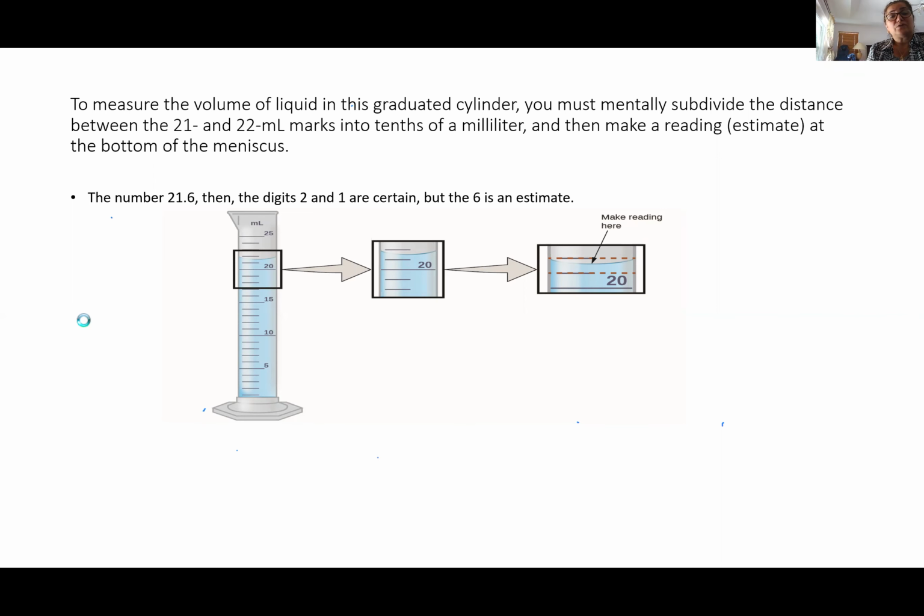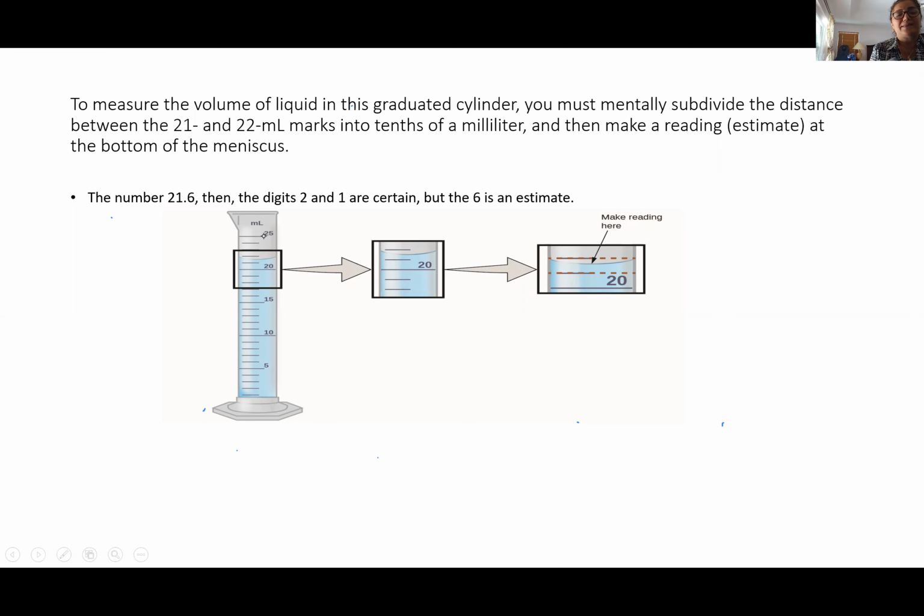So between 21 and 22 in this case, how do we know these two are 21 and 22? Because you have 20 and then 25, and between them you have 5 spaces. So each space represents 1. So this level is now between 21 and 22.